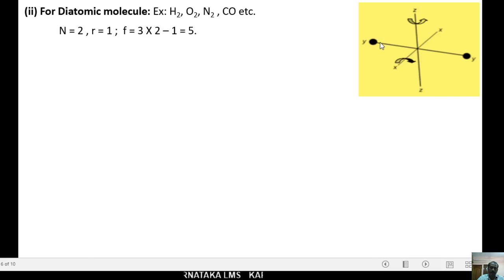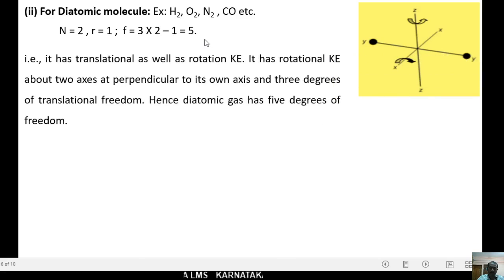N will be 2 and R will be 1. Therefore, F is equal to 3N minus R, that is 3 into 2 minus 1. R is 1. 3 into 2, 6. 6 minus 1 is 5. Hence, degrees of freedom will be 5.